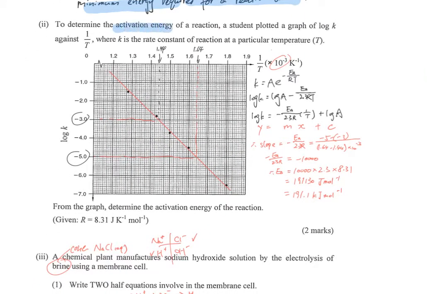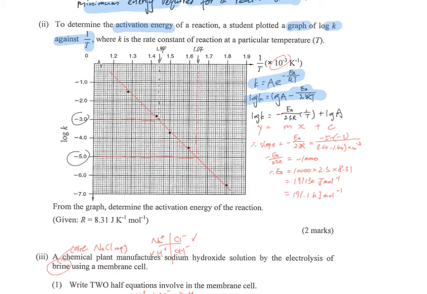Then part 2 asks you to determine the activation energy by using the graph of log k against 1/T. We should be very familiar with this because we have learned the Arrhenius equation, k equals A times e to the power negative Ea over RT. Then we take log on both sides, and it becomes like this.